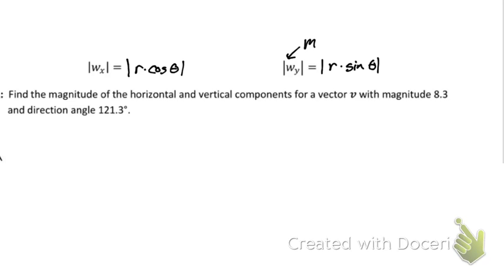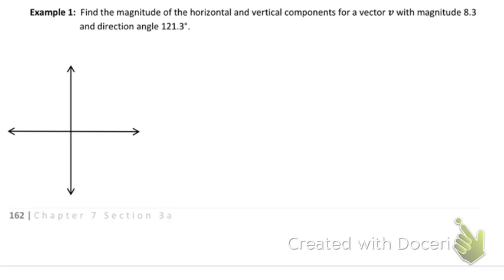And that just is our magnitude of our vertical, and that's our magnitude of our horizontal. So you have to be very careful of what the question's asking you. If it's asking for a magnitude, you need absolute value bars. If I just ask for the components, no absolute value bars.